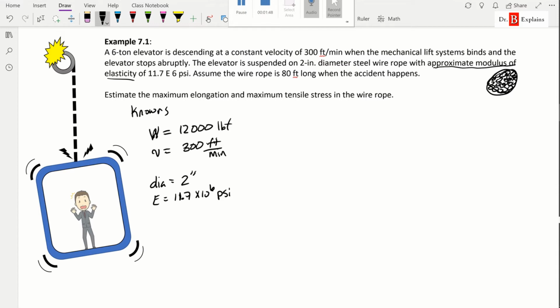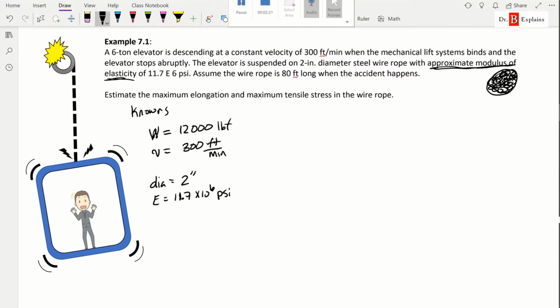There's going to be some flex to that cable, and they measure it. This is from the wire rope suppliers you can look into. Depending on the configuration of how this wire rope is created, the strands, and how it's woven or wrapped together, you're going to end up with different stiffnesses. So you'll get those from the vendor. These guys are saying that this wire rope has approximate modulus of elasticity of 11.7 times 10 to the 6.